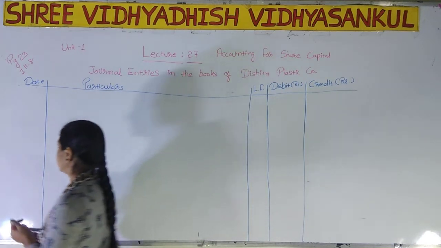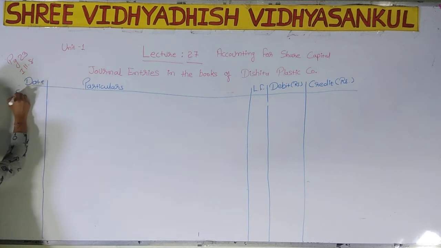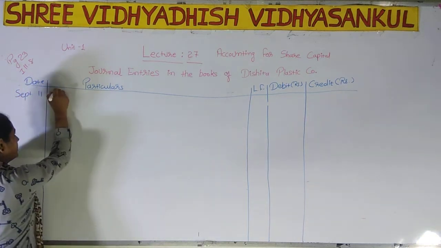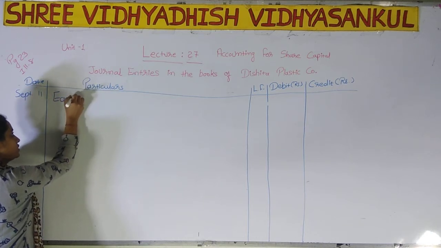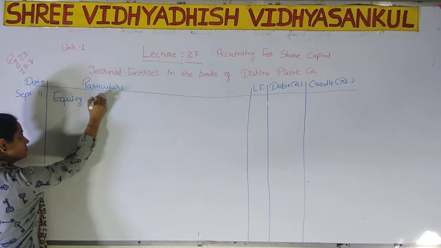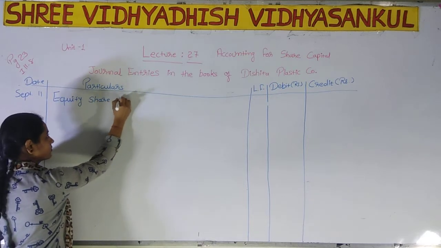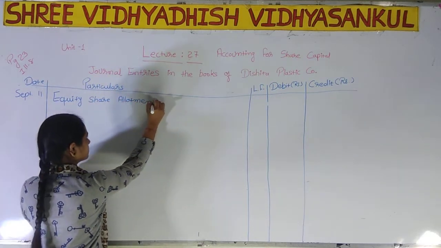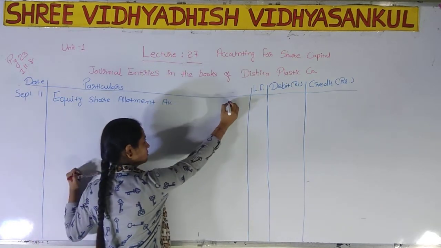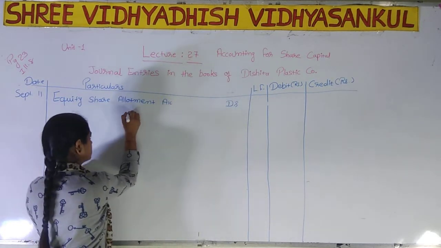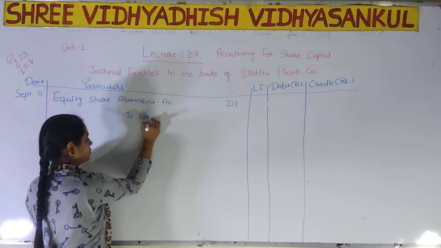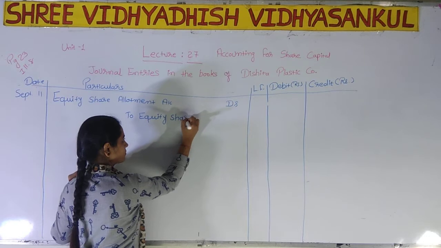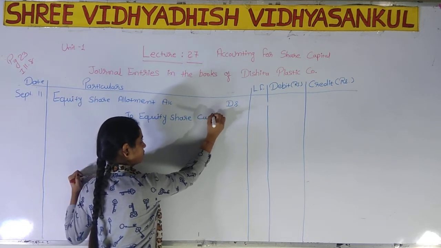First of all, we will write the date, September 11. The entry will be equity share allotment account debit to equity share capital account.